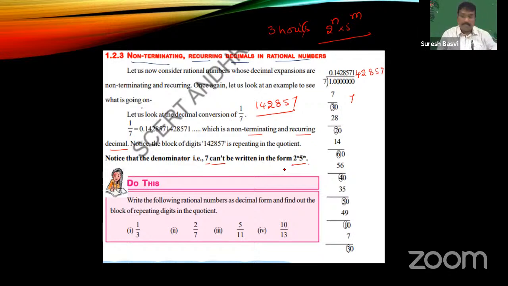This is page number 11. So can you write 1 by 3 as a terminating decimal or non-terminating decimal? Because you know very well 3 cannot be written in the form of 2 power n into 5 power m. So we can easily say that this is going to be a non-terminating recurring decimal. Okay? Non-terminating recurring decimals.